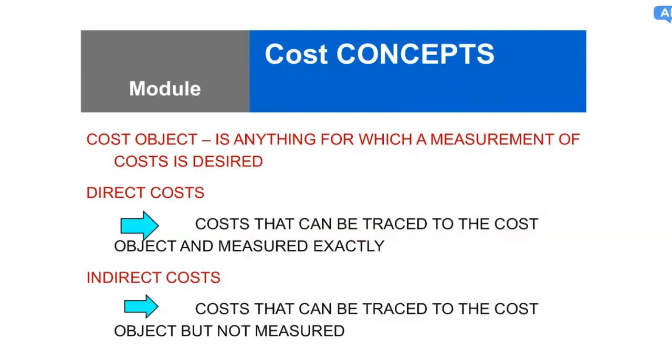Simply put, a direct cost is a cost that I can trace to the cost object and measure exactly. I know exactly how much of that cost went into the cost object. An indirect cost is a cost that was necessary to produce my cost object, but I am unable to measure exactly.